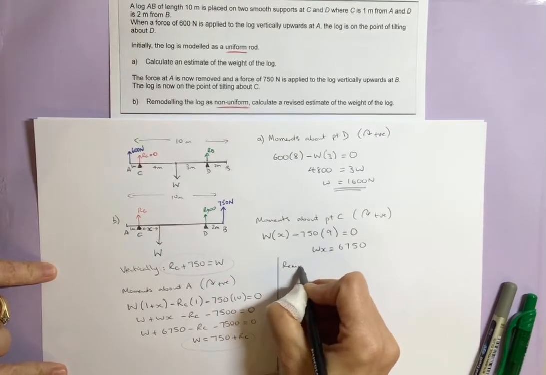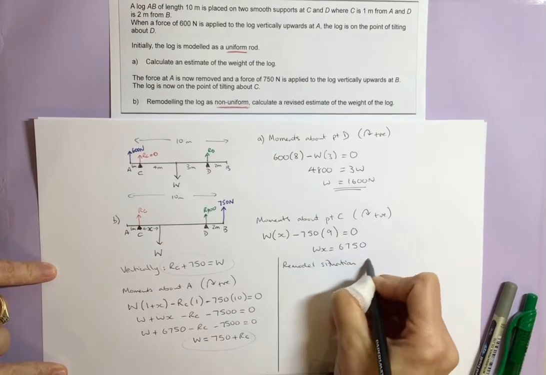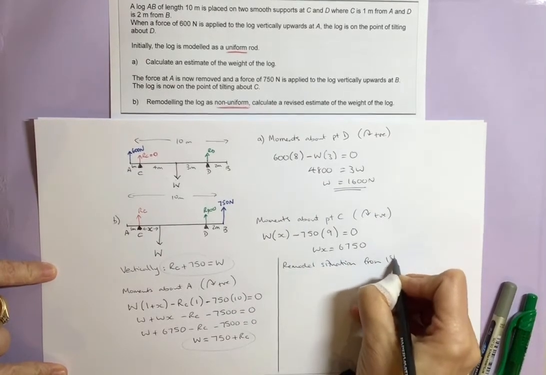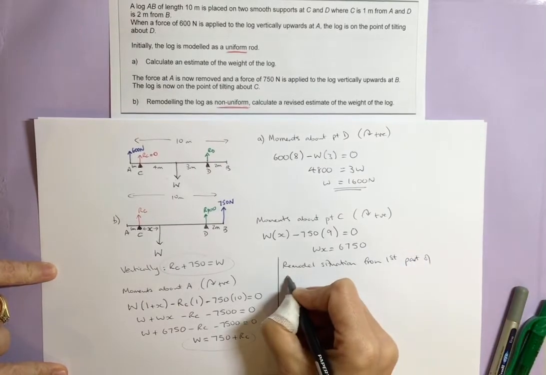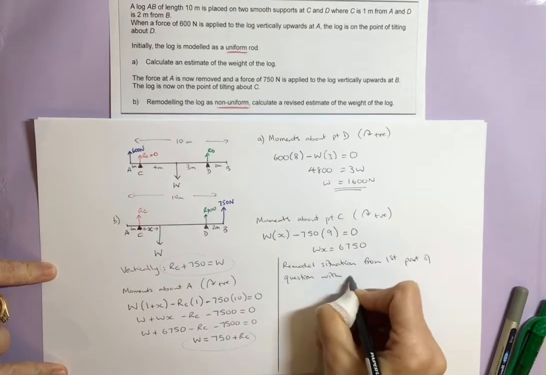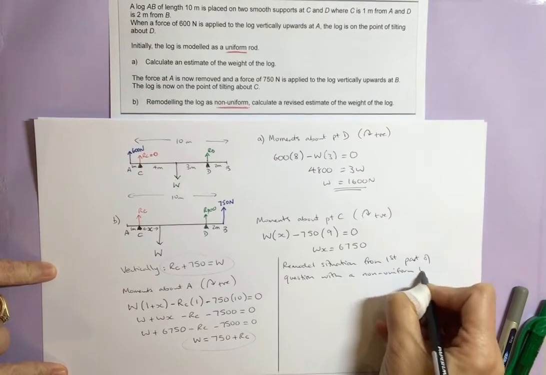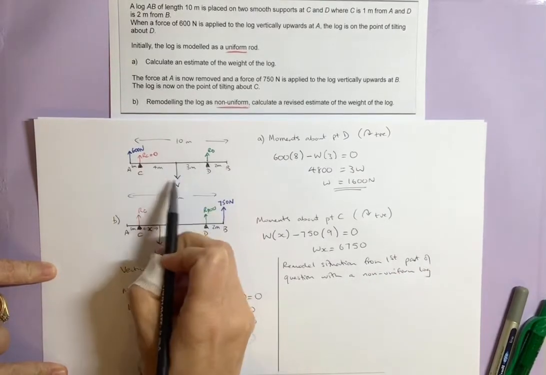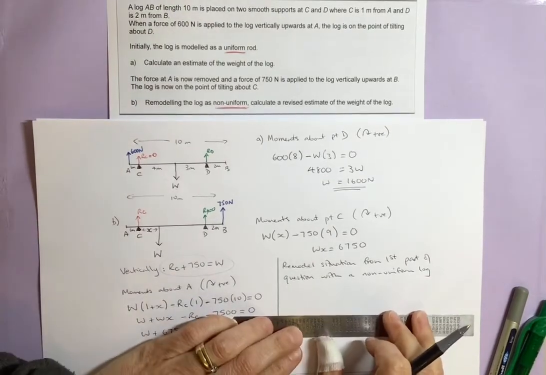I'm going to remodel the situation from the first part of the question, but now with a non-uniform log. So basically this situation, but with W acting here. So let's have a little look at doing that.